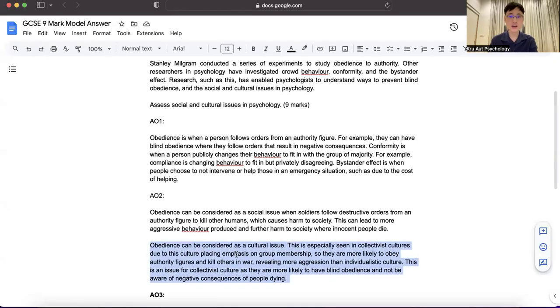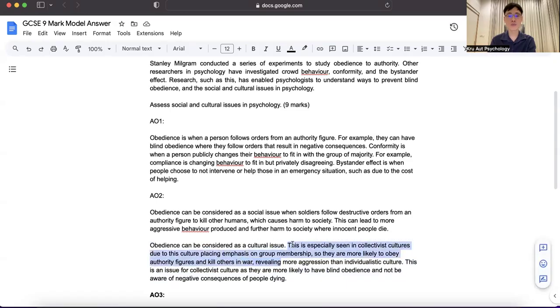So something like: obedience can be considered as a cultural issue. This is especially seen in collectivist cultures, and then we define a little about what collectivist culture is, placing emphasis on group membership. So they are more likely to obey authority figures and kill others in war.